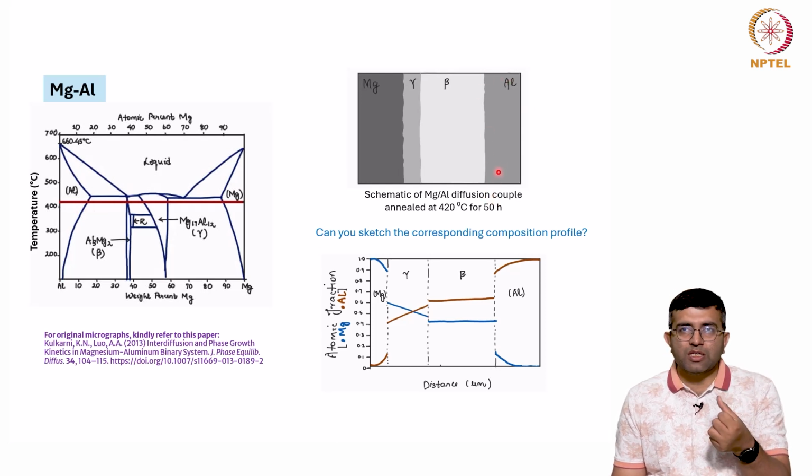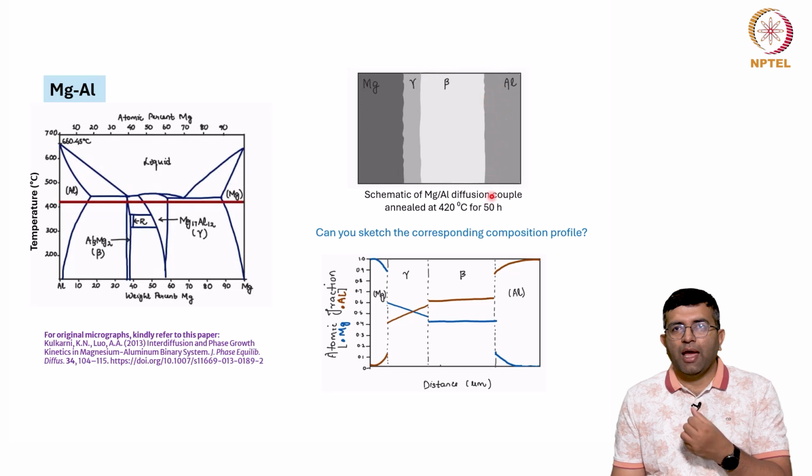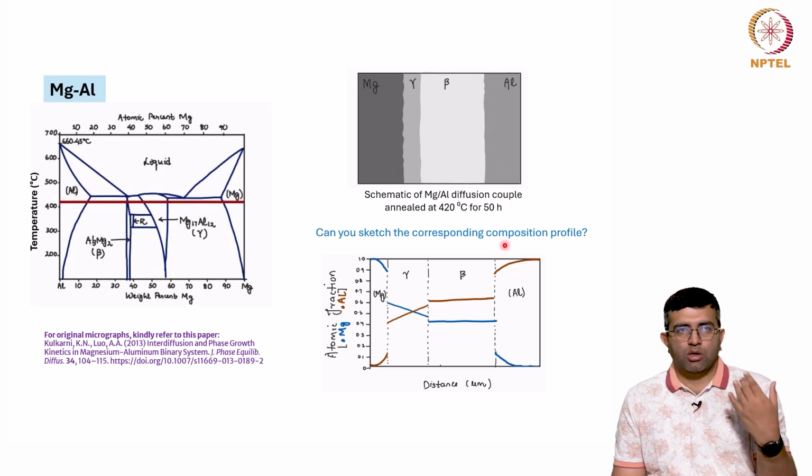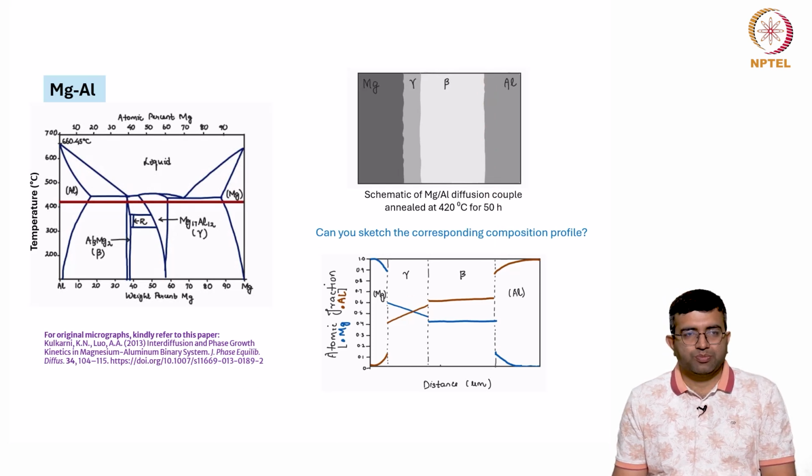That may be one reason why we do not see apparently any other phase here. The second could be that the region is thin enough so that you are not able to resolve it very clearly, but when you probably do SEM, TEM or something, it may be visible.